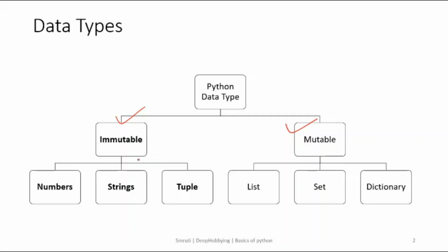It is a little less intuitive with the example of number and string, but when I give you the example of tuple in a second, you will realize that once you define the tuple, you cannot edit, insert, or delete any value or any part of the value of the tuple. So that means it remains constant over time. On the contrary, with list, you can do all such operations: edit, insert and delete. And the same holds true for set and dictionary as well.